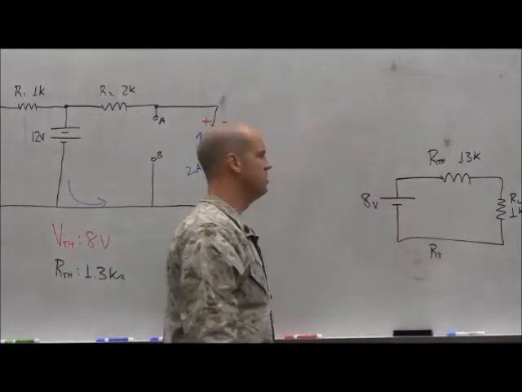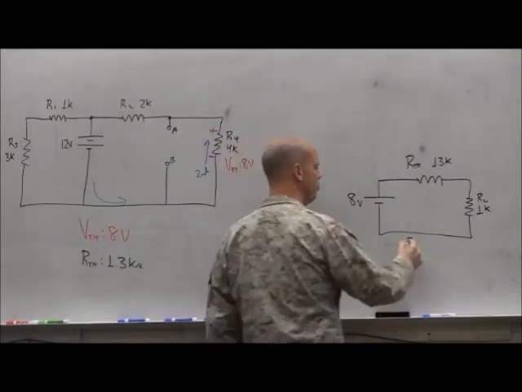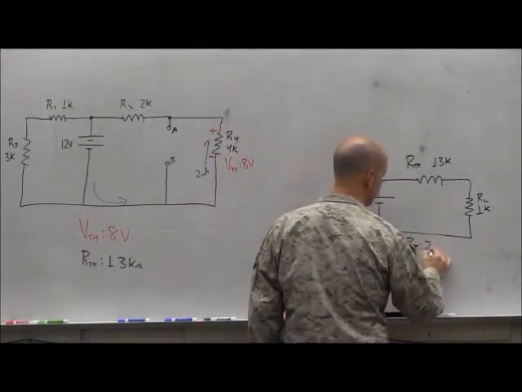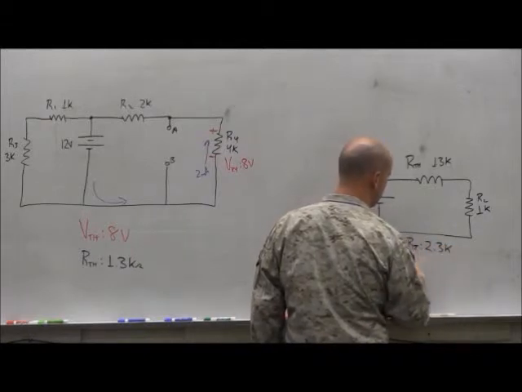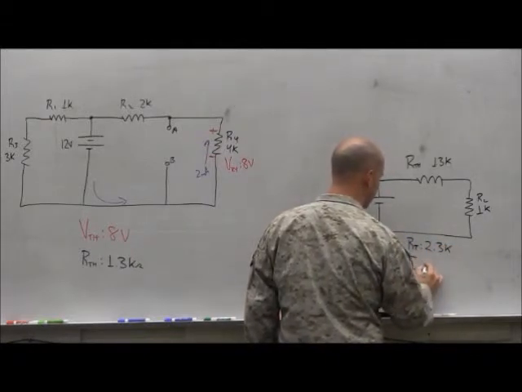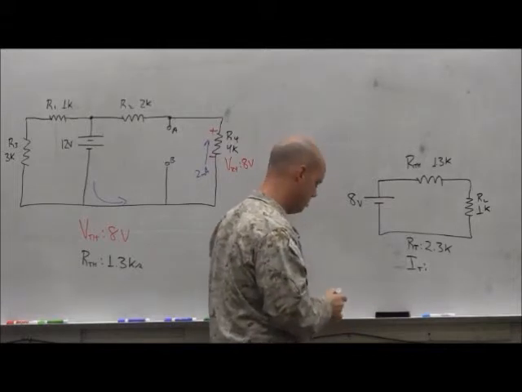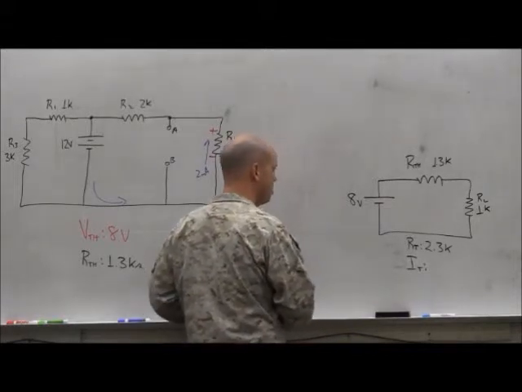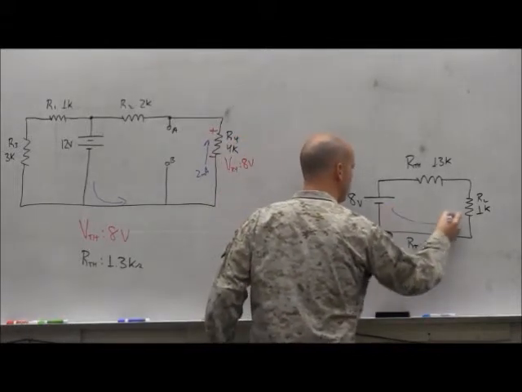First things first, total resistance is 2.3K, giving us a total current of 3.5 milliamps.